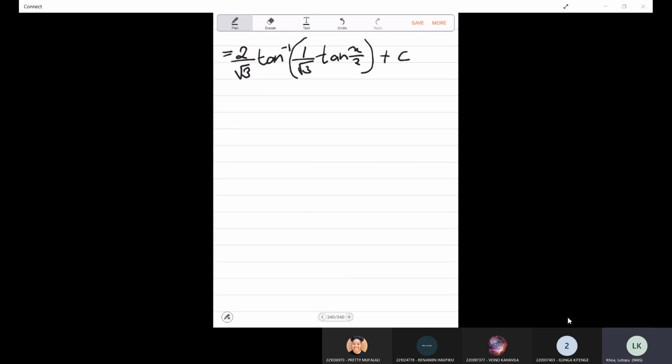Okay, number 2, we have the integral of cos x over 2 minus cos x dx. Now with this question, you can just substitute directly.